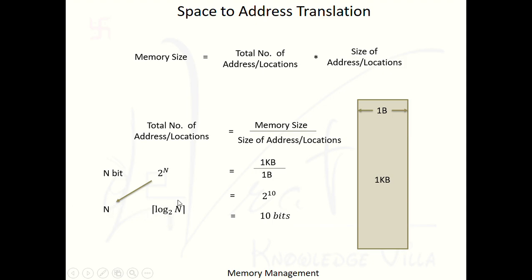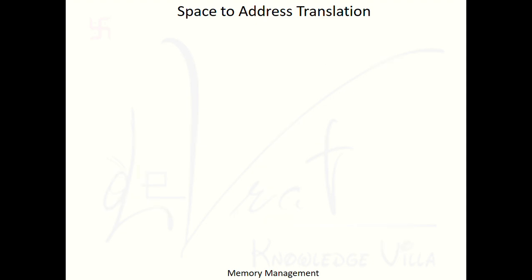We will not go into logarithmic detail, we will solve it simply so you can learn easily and solve it in your end semester exams, as well as in competitive exams like GATE, NET, SLAT, whatever.